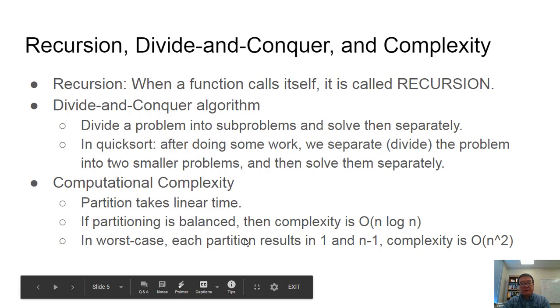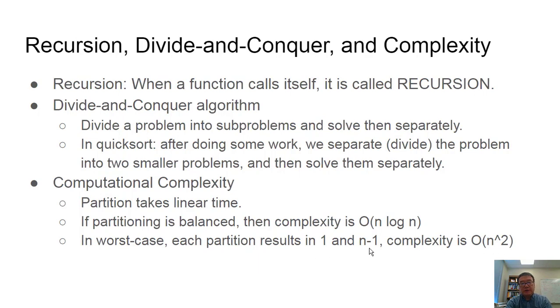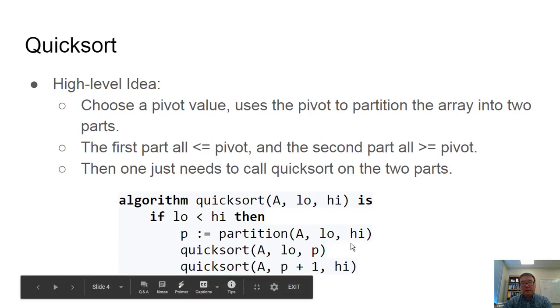However, there are worst cases where the complexity of quicksort will be quadratic. The absolute worst case is when every time we partition, one of the parts has a single element. Of course, there's also an even worse case: if one of the partitions is 0, then we're not making any progress.